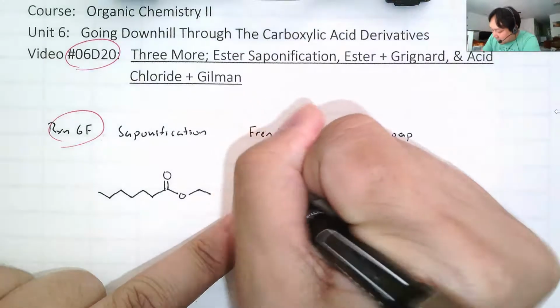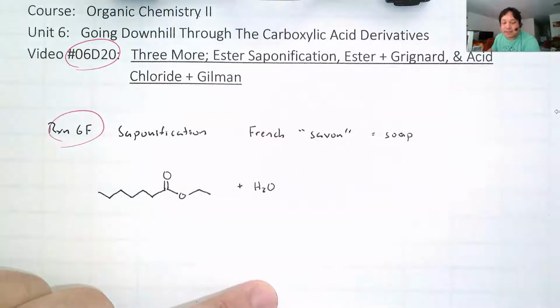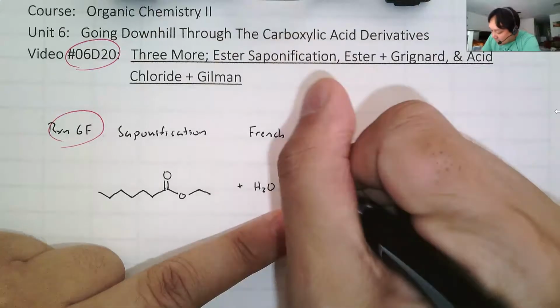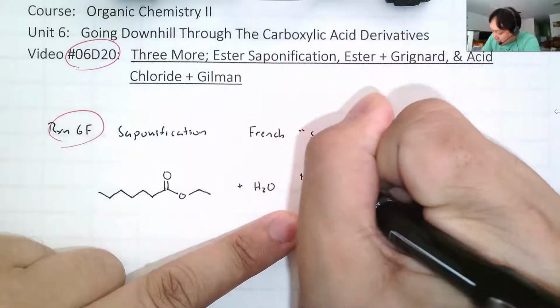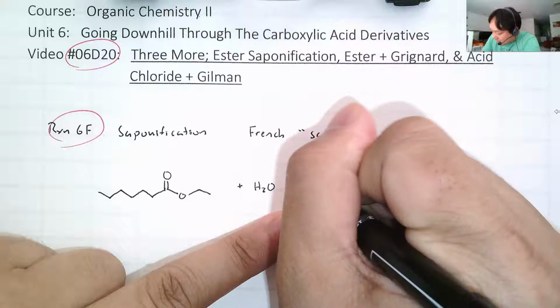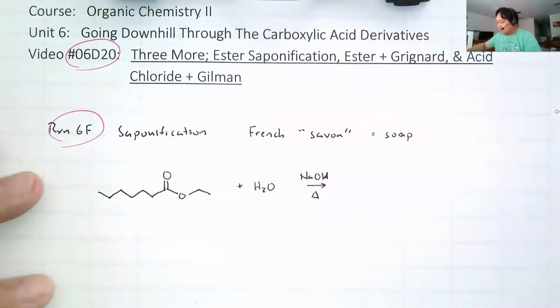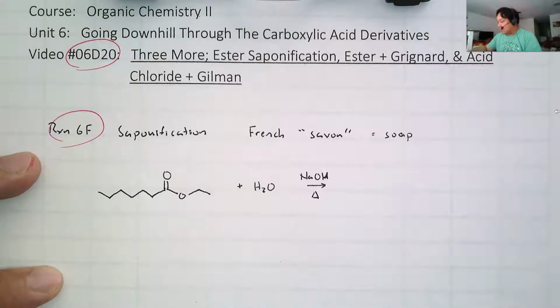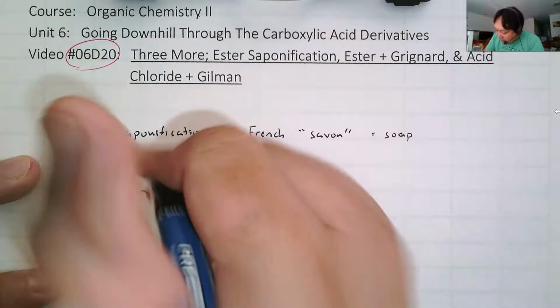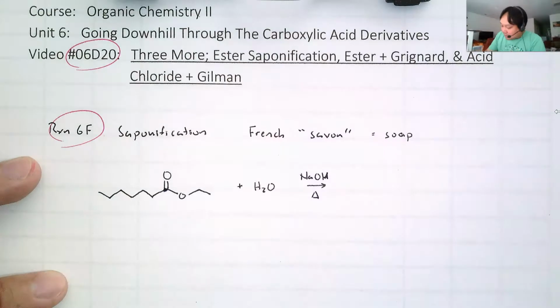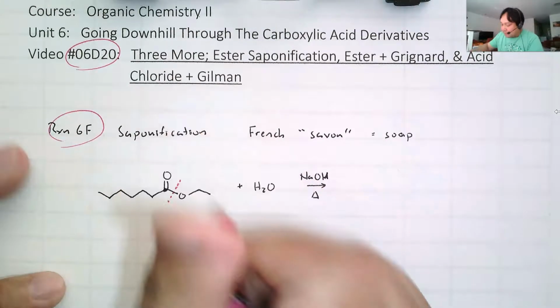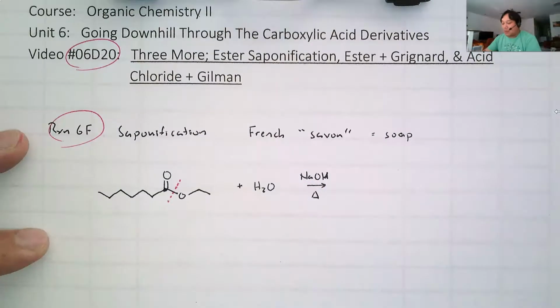Actually, before we do that, it's a type of hydrolysis, but it's base-mediated. And the base we're going to use is NaOH and some heat. What happens here is we're going to hydrolyze. Find your dot. We're going to cut right here, and we're going to add water.